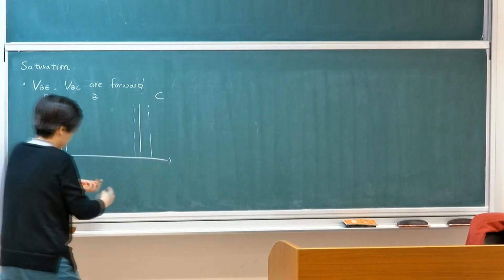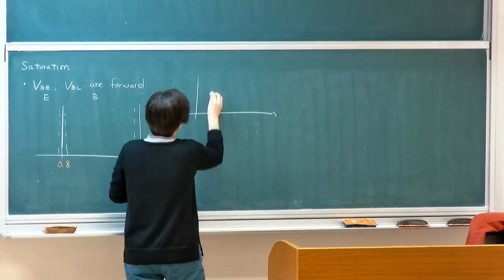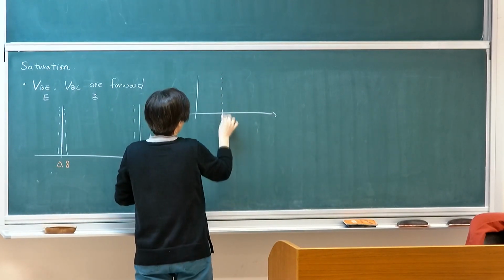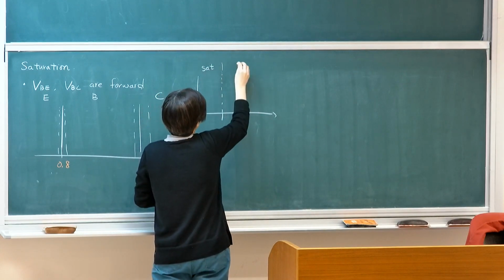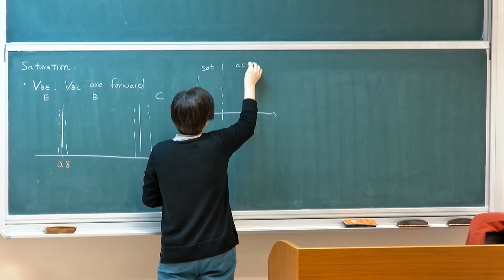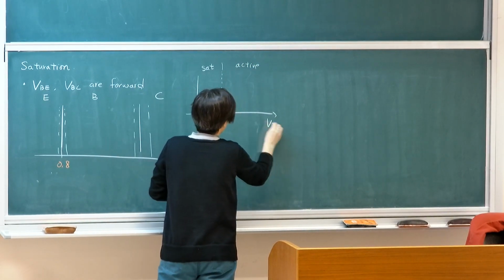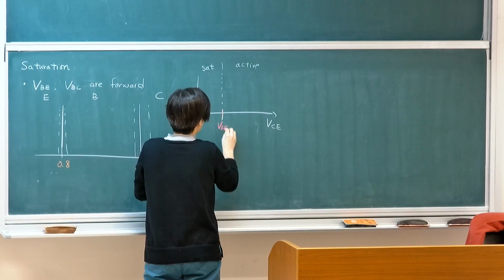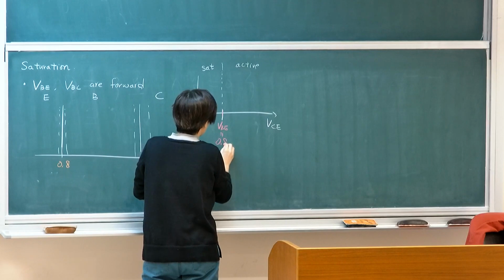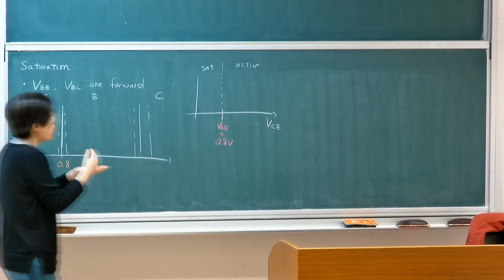Let me draw the line and explain what I'm trying to say. If this is saturation by definition, this is active. We know that the boundary is VCE. We know that this is VBE. So let's say I'm fixing my VBE at 0.8 volt. I'm trying to reduce my collector voltage to lower than 0.8.